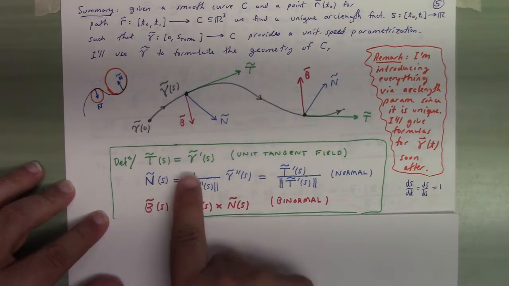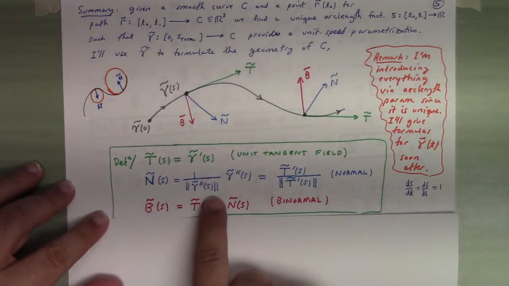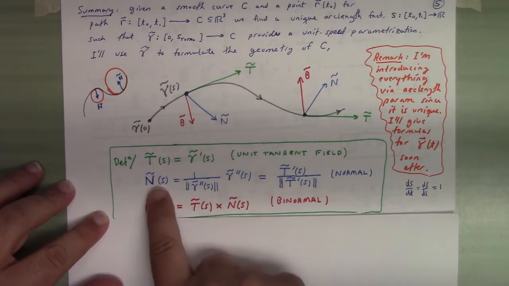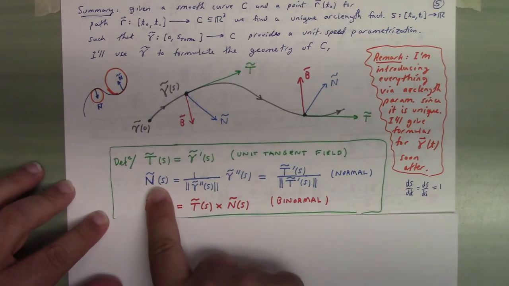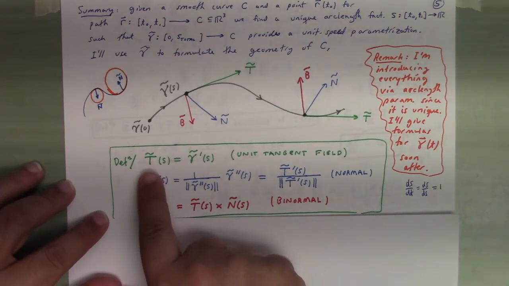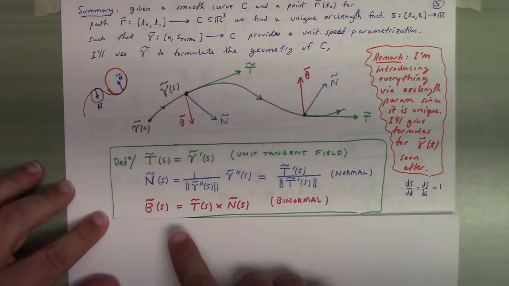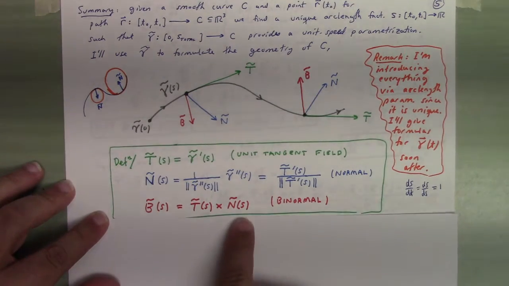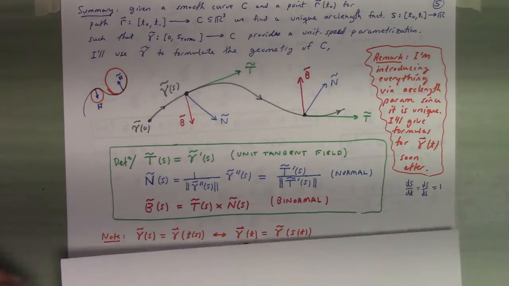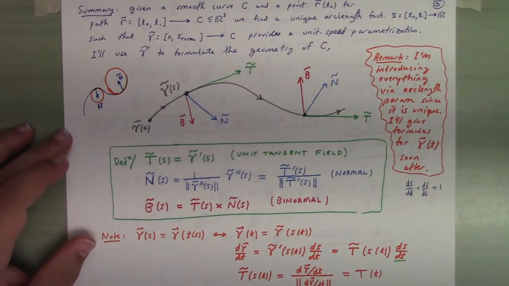And for n tilde, we take the derivative of the unit tangent and divide by the magnitude of that. So basically the unit normal n tilde is essentially t tilde hat, the unit vector in the direction of increasing t tilde. And then to get the binormal, we just take the cross product of the previous two, and that gives us yet another unit vector. Together, t, n, and b form a right-handed triple, like I mentioned in the previous class.